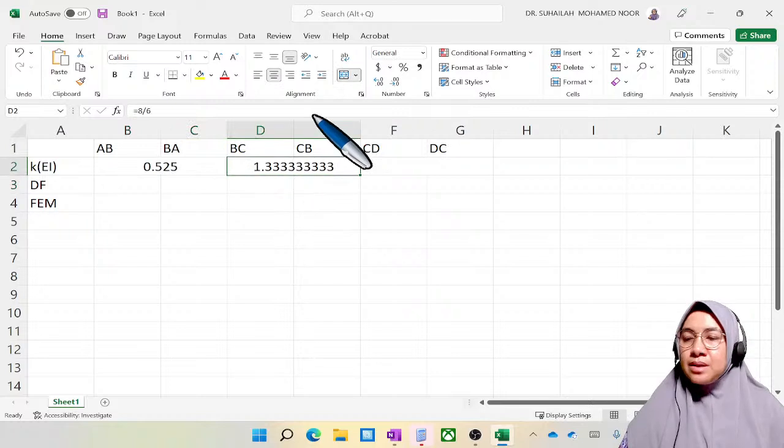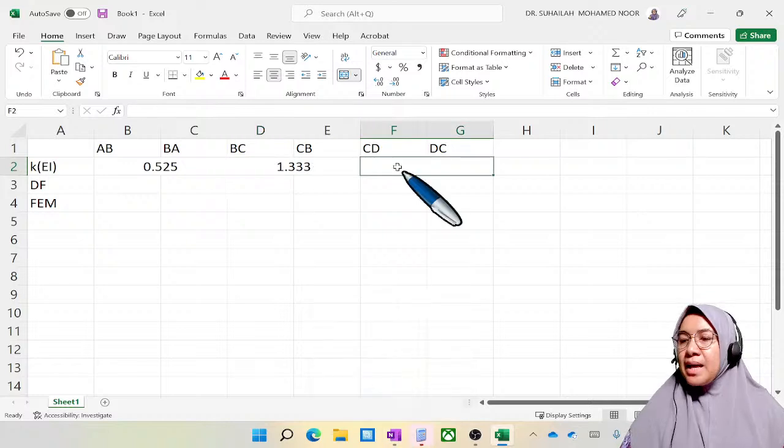This is K for member BC. And for CD, the length is 9, so it is 4 divided by 9, which is 0.44.